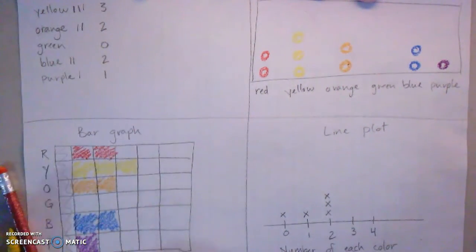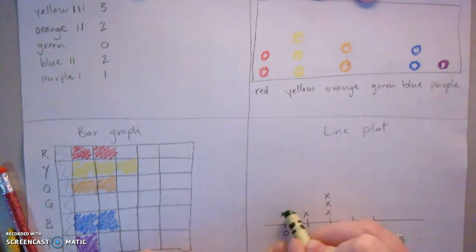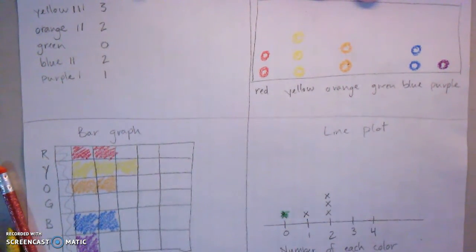So if I were going to do these in colors, which might make it easier to understand, green had 0. So make that a green. Maybe dots would be easier to see on that one. Purple was the one with 1.